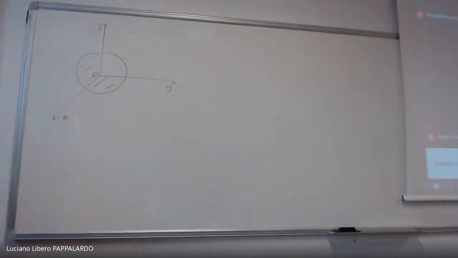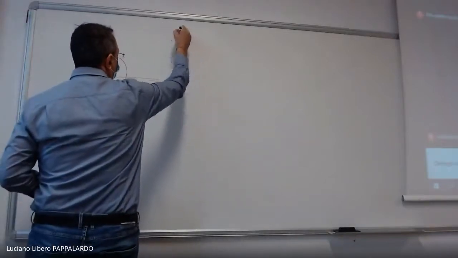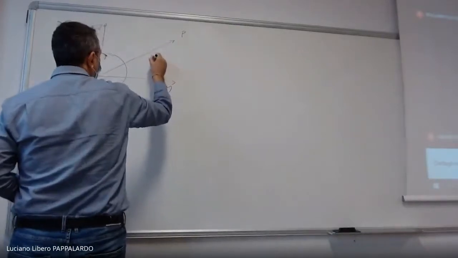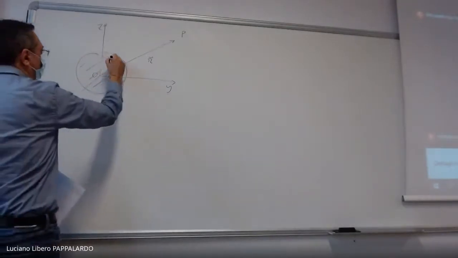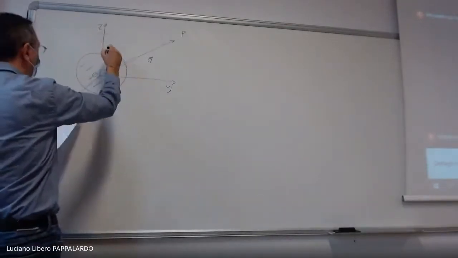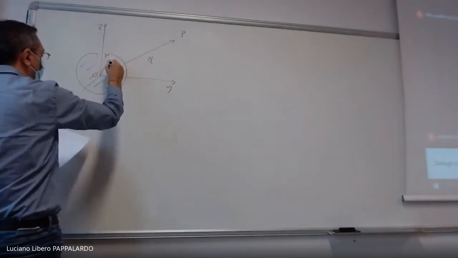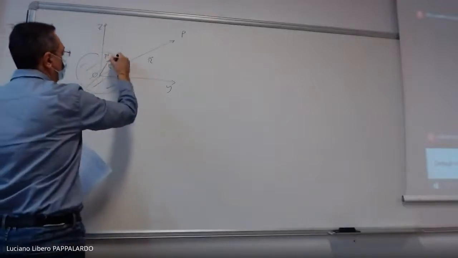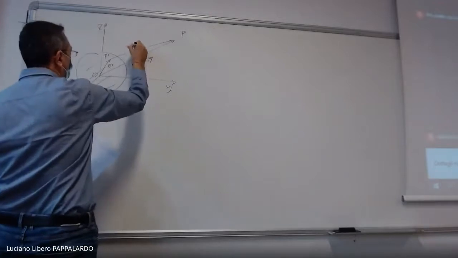And we want to calculate the Coulomb potential at a certain point P, which is at a distance r from the geometrical center of this spherical distribution. Let me take a generic point here, P prime, inside the distribution, whose position is given by the vector r prime. And so this vector is now r minus r prime.